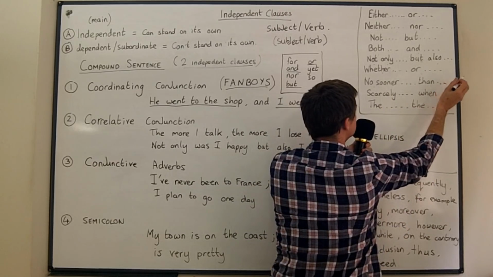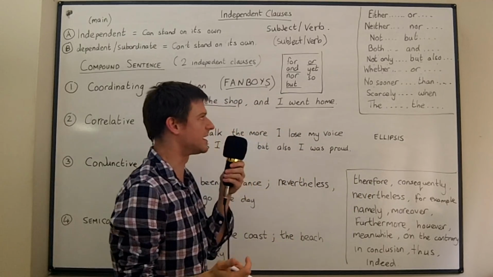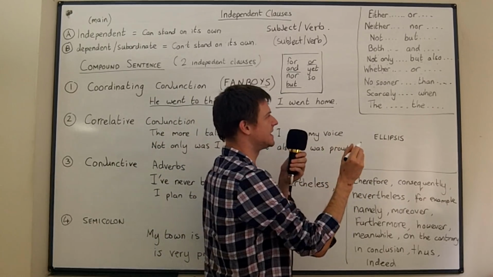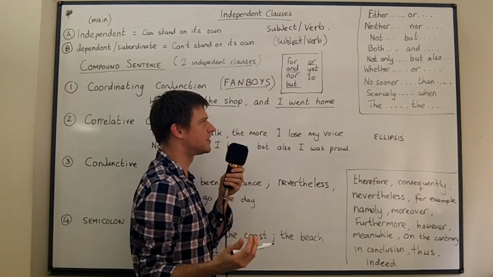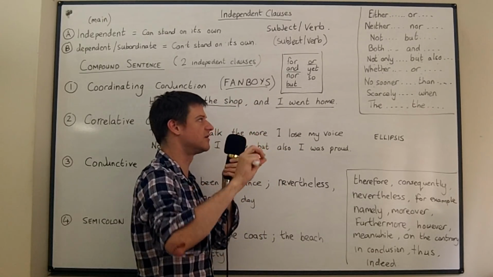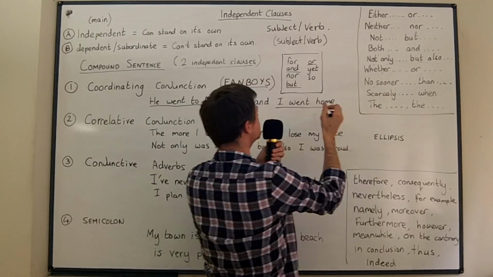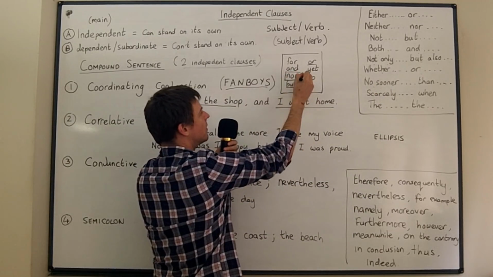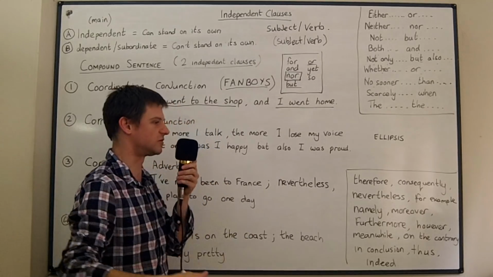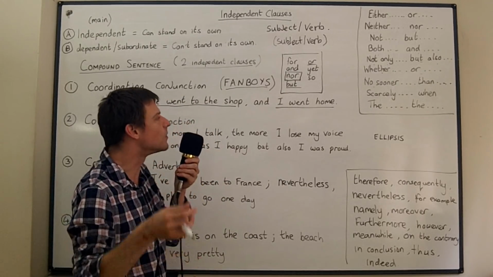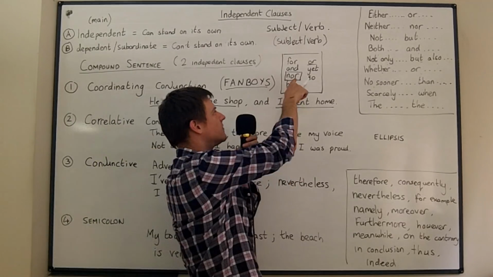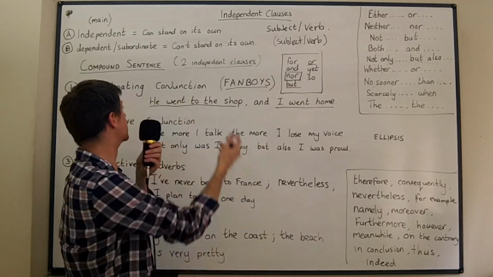Now, some of these you may notice from my lessons on inversion, where I spoke about negative adverbials inverting the auxiliary and the subject, and that's even true for nor, one of the coordinating conjunctions. We would say nor would I, nor do I, nor should I. We would definitely use inversion after that negative conjunction.